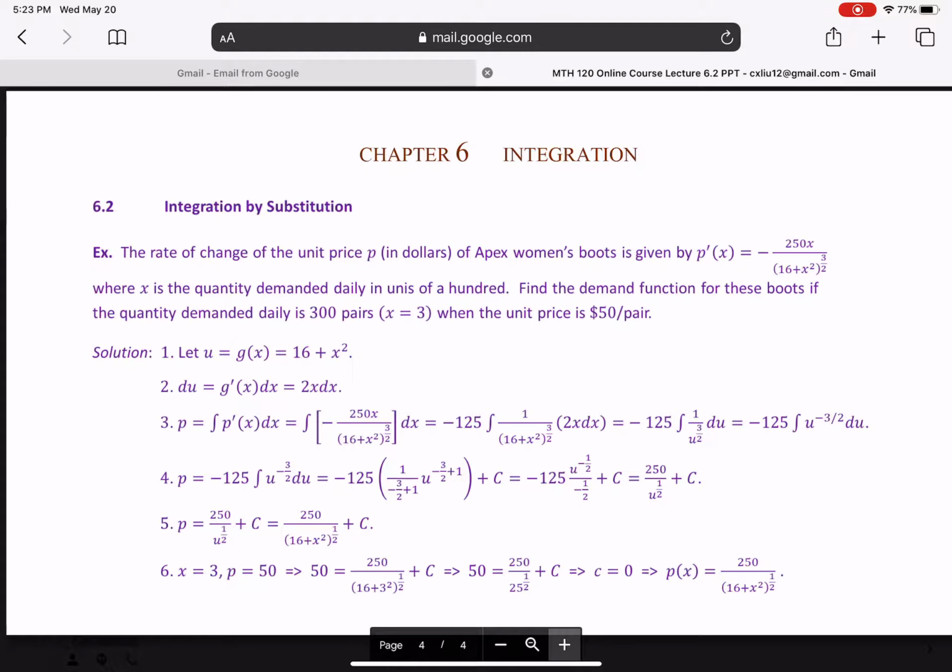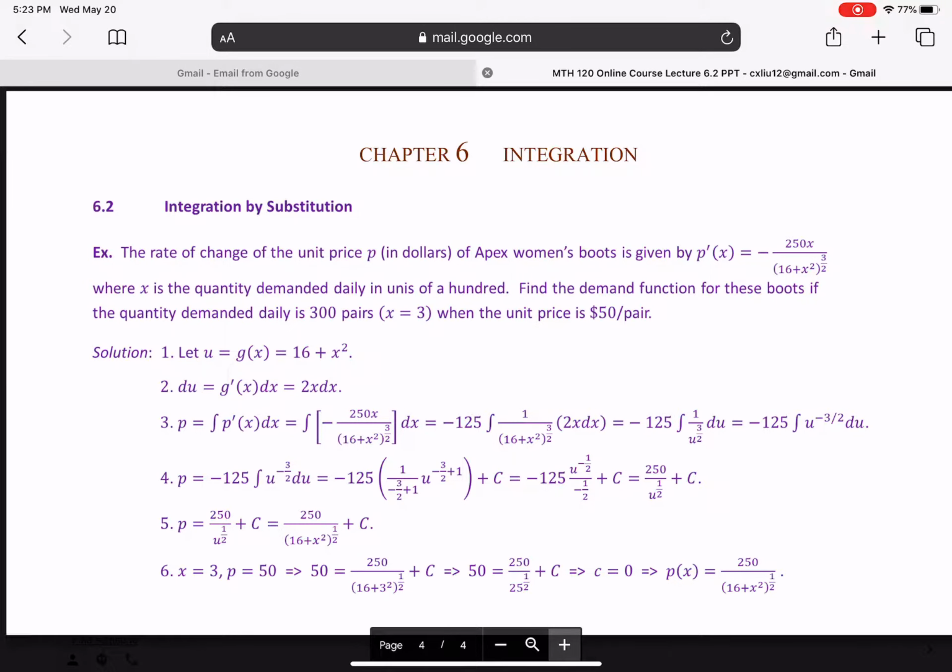We still need to fix the constant c from the initial condition. So it's given that when x equals 3, p equals 50. So plug in 50 for p and x equal to 3 into the result in step 5. We got 50 equals 250 over (16 plus 3 squared) to the half plus c.